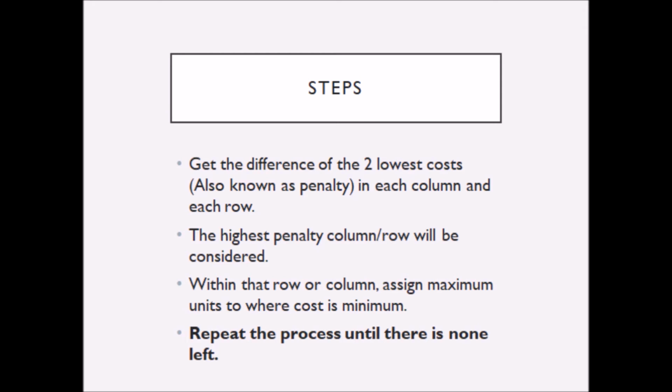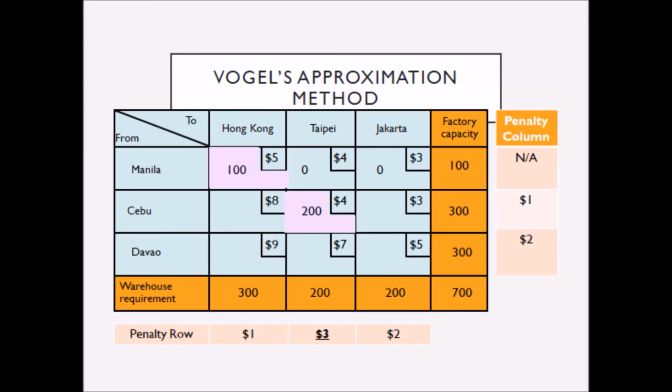Now, repeat the process of computing for the penalty. Now we have Cebu of 1, which is 4 minus 3. Davao has a penalty of 2, which is 7 minus 5. And then Hong Kong, since it still has unmet demand, we can continue computing with the remaining boxes, which is 9 minus 8, which gives you 1.